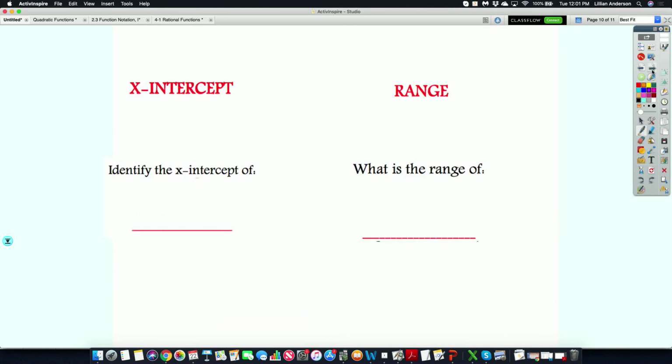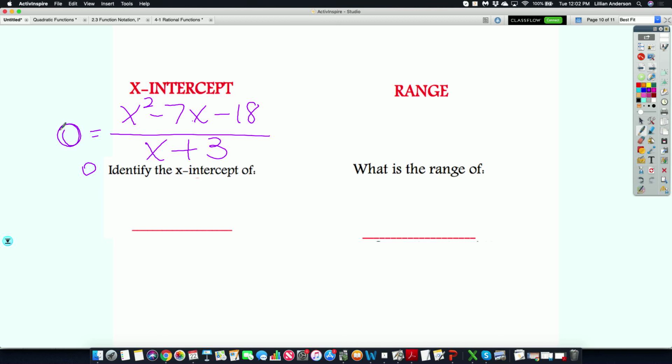Okay? Let's find an x-intercept. (x squared minus 7x minus 18) over (x plus 3). How do I find the x-intercept? And technically this is y equals, right? So when I set this equal to 0, how do I solve this?